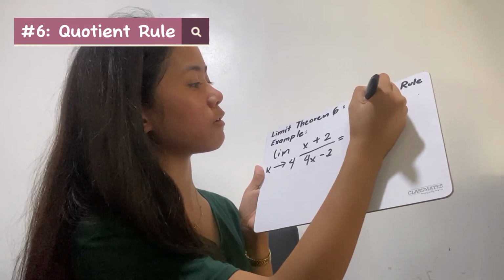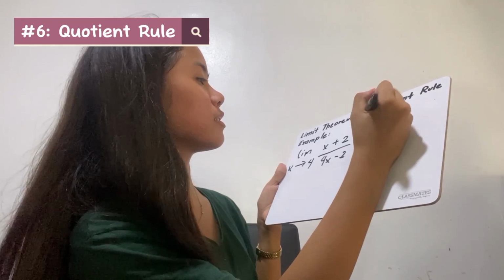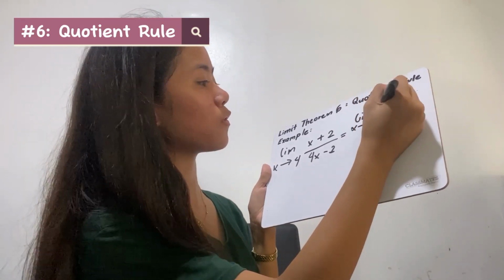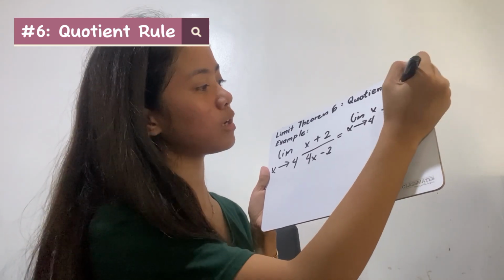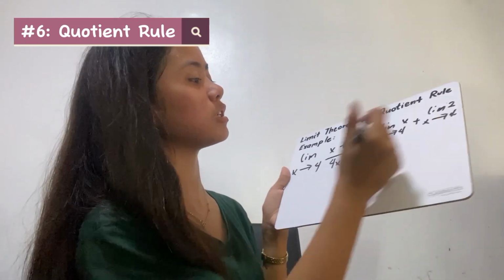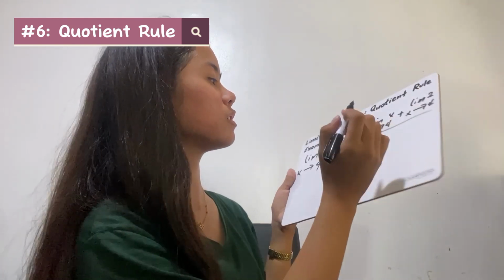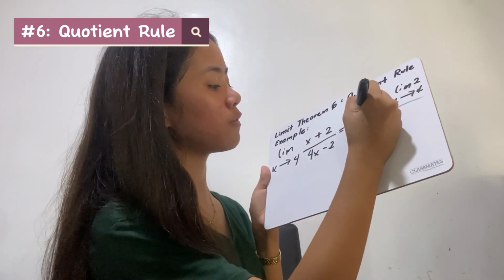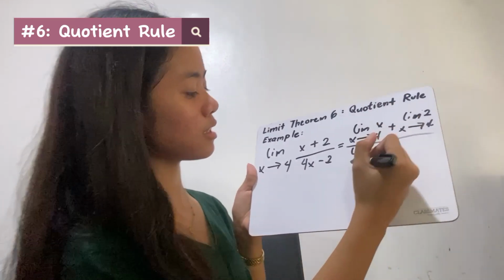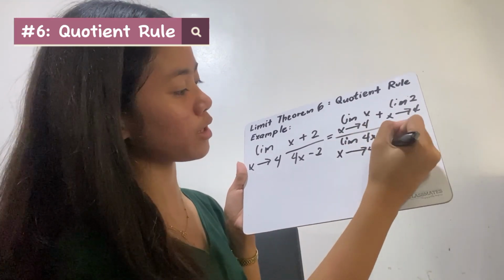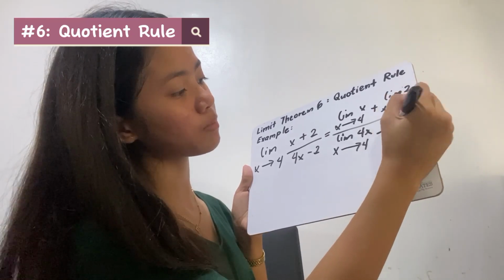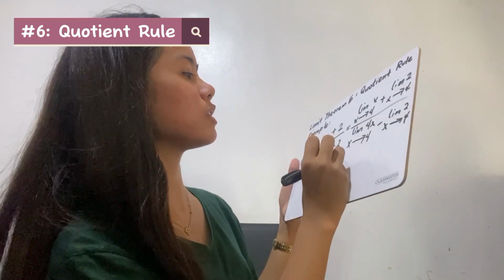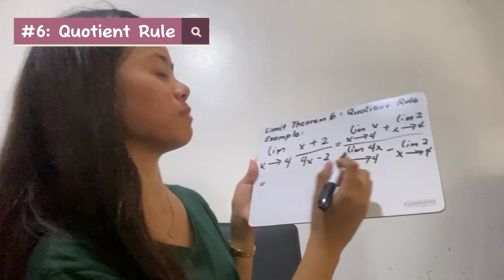So, limit of x as x approaches to 4 plus the limit of 2 as x approaches to 4, over the limit of 4x as x approaches to 4 minus the limit of 2 as x approaches to 4. So, kailangan ulit natin siyang operate.